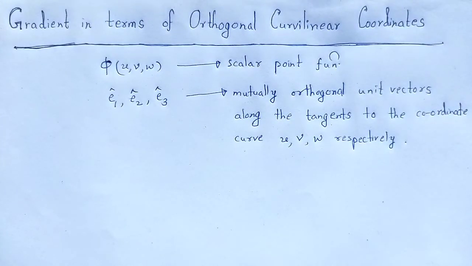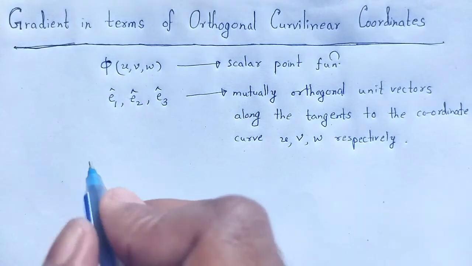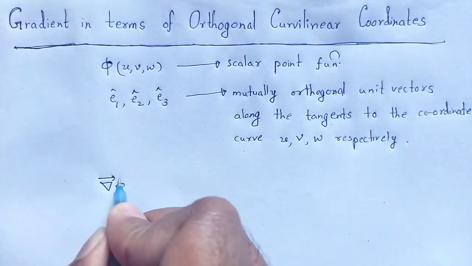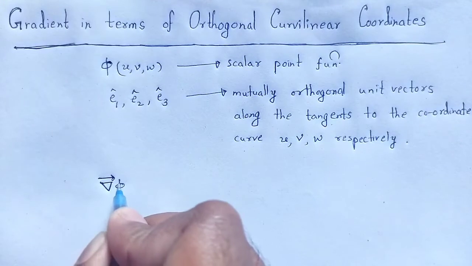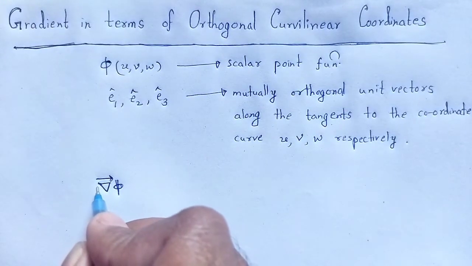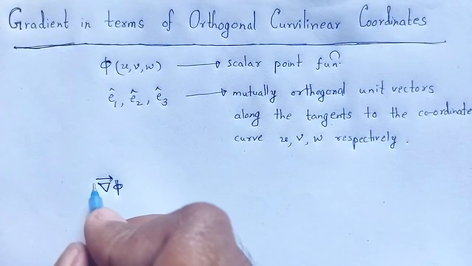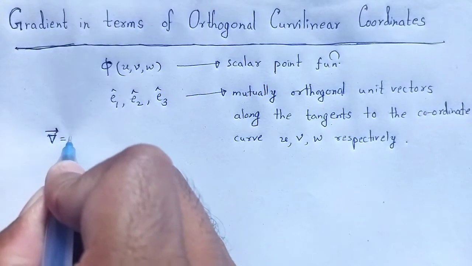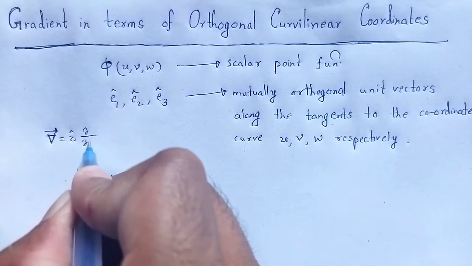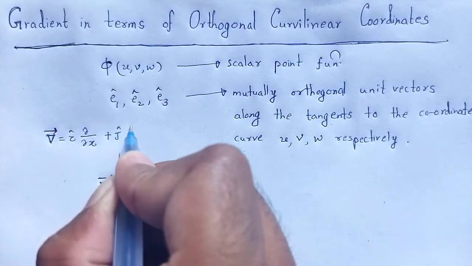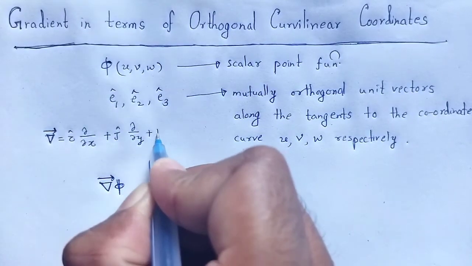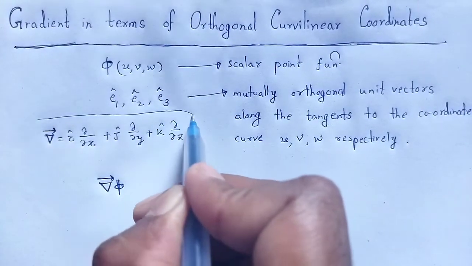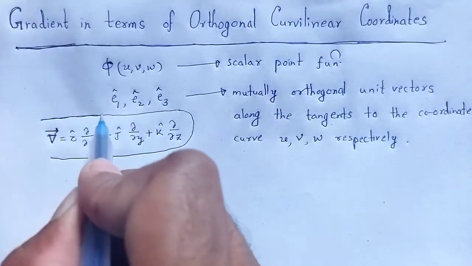Now we can write grad of phi. Grad is an operator, and the grad operator is i cap del by del x plus j cap del by del y plus k cap del by del z in the Cartesian plane.